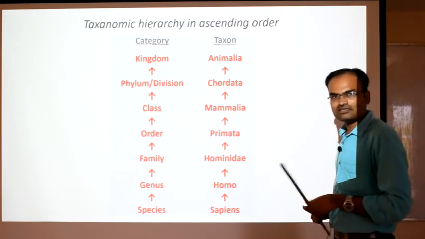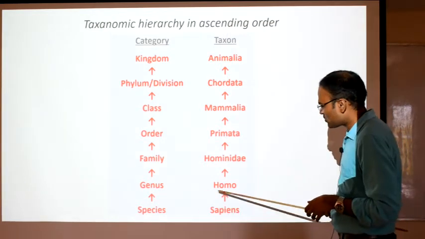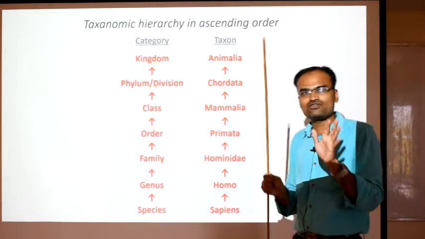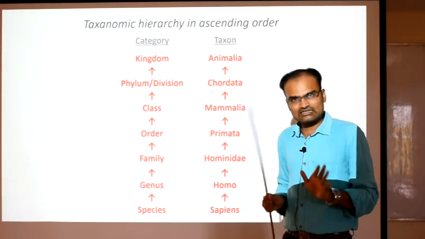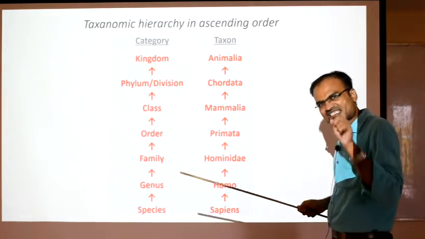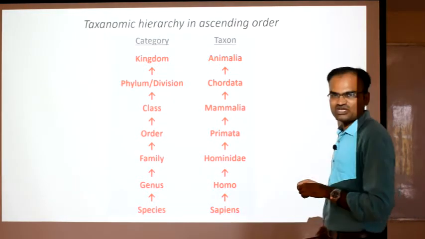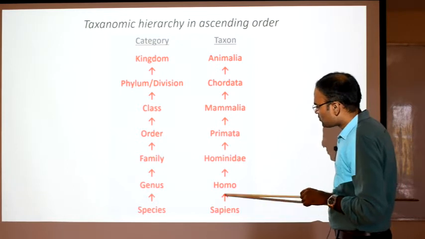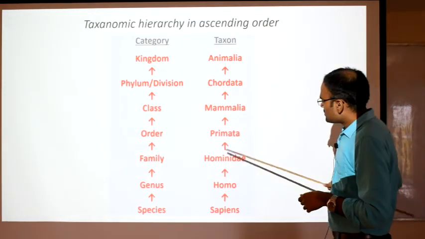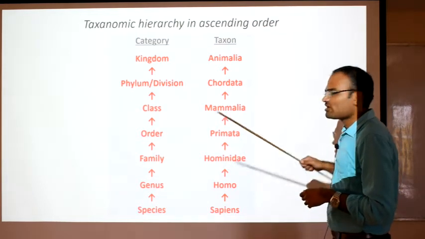So this is the taxonomical hierarchy of modern man. Homo sapiens: sapiens is the species name, Homo is the genus. All modern men, 780 crores of humans, the current population of the world, are called with the same biological name, Homo sapiens. All Homo sapiens belong to the family Hominidae. Family Hominidae is included in the order Primata.